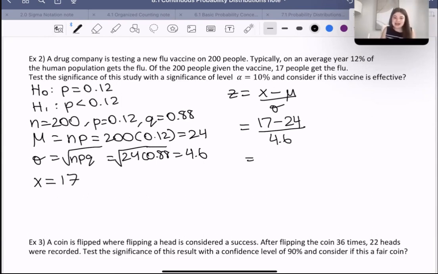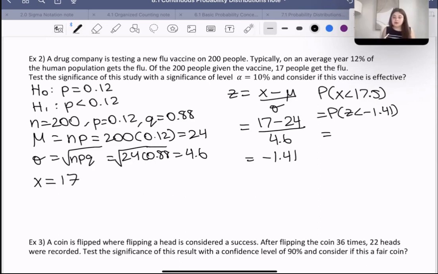And then we have negative 1.41 as our Z score. So what does this mean? This means that the probability that we have less than 17.5 is equal to the probability that the Z score must be less than negative 1.41, which is what?